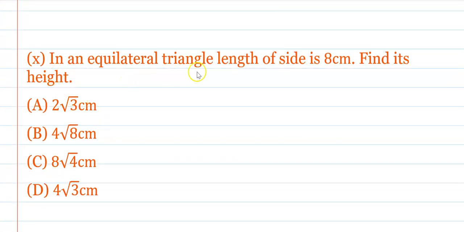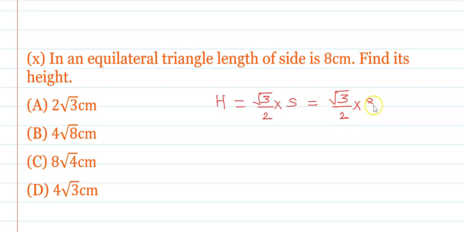in an equilateral triangle, length of side is 8 centimeter. Find its height. Now, to find the height from the side, the formula for the equilateral triangle is: height is equal to √3/2 into side.